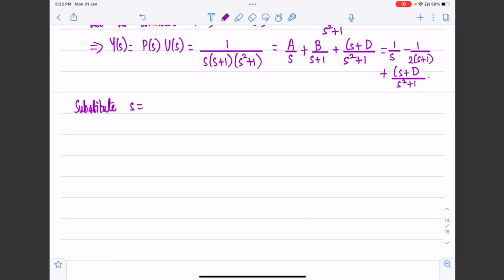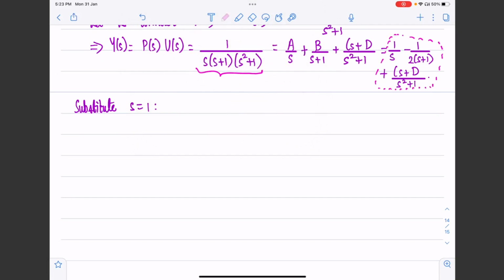We have already substituted s equals 0 and s equals minus 1, right? Now let's say we substitute s equals 1. I need to substitute s equals 1 here and s equals 1 in the right hand side of this equation, and then we need to see what result we get.